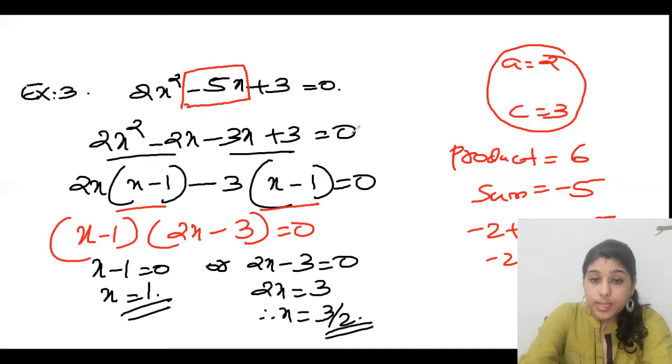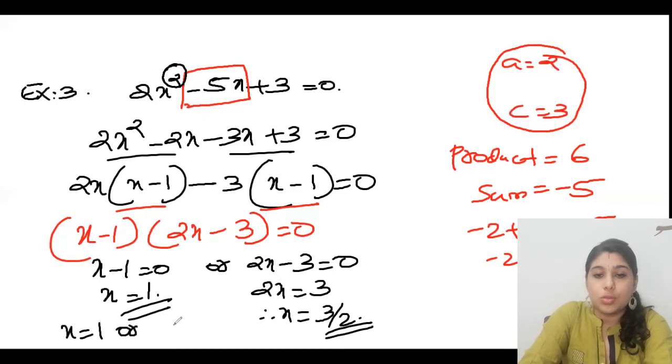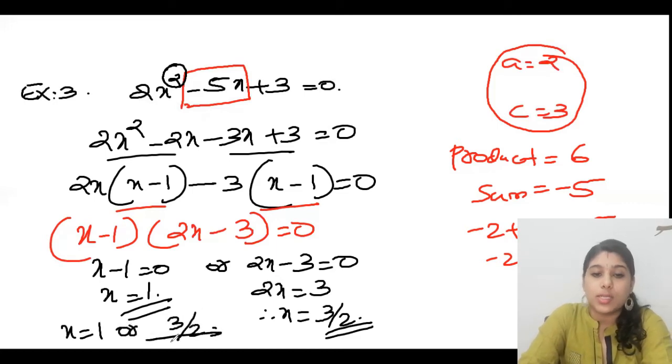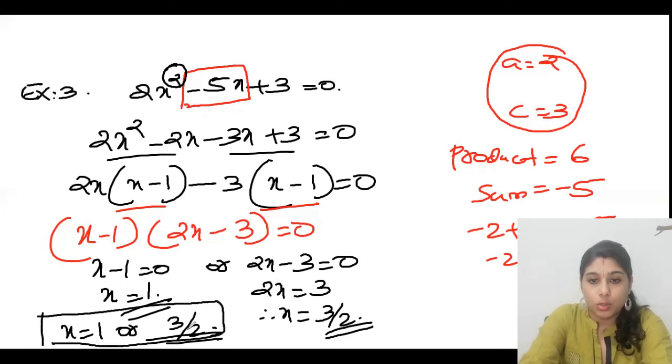So you understand that in a quadratic equation where the power is 2, x can have two solutions. So x is equal to 1 or x is equal to 3 by 2. Both satisfy the equation. When we substitute 1 in the equation, we will get the solution 0, as well as when we substitute 3 by 2 also, we will get the same answer as 0. So x is equal to 1 and x is equal to 3 by 2.